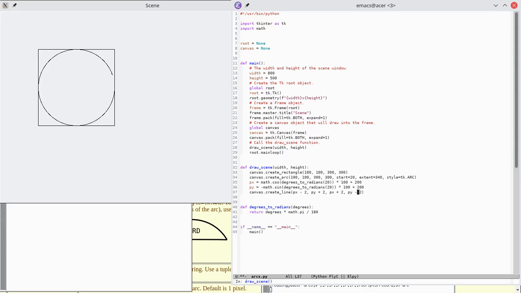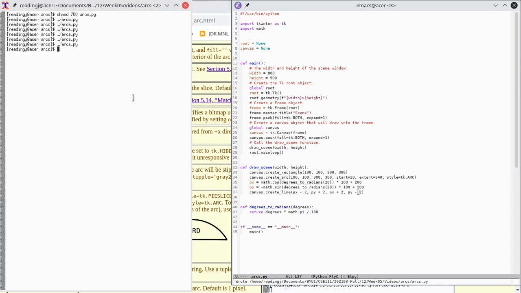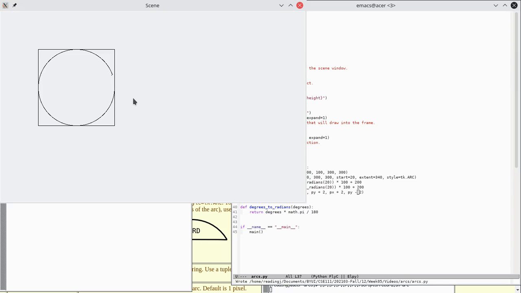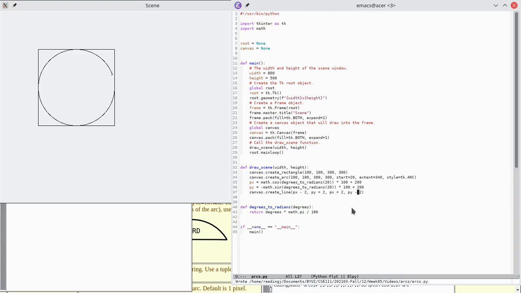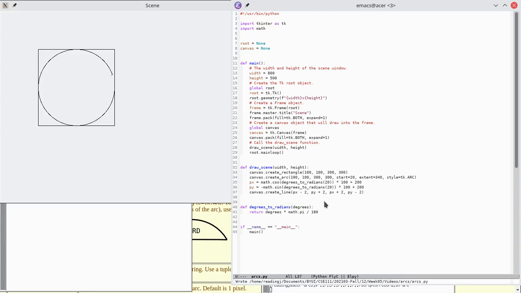Did I do that right? I think so. Okay, now we can see the little line there, just barely visible, but that did in fact hit that point. So if you want to know what that point is, you have to keep track of the angle to there and use math to find it.